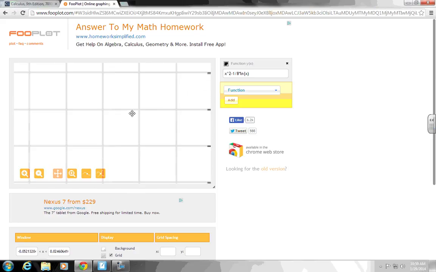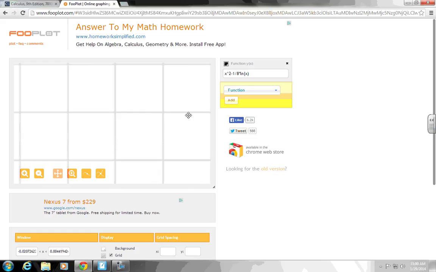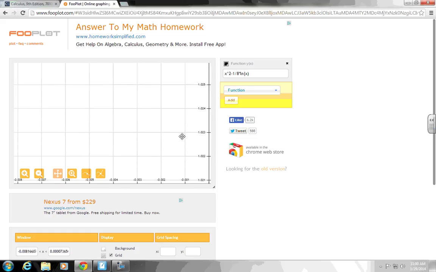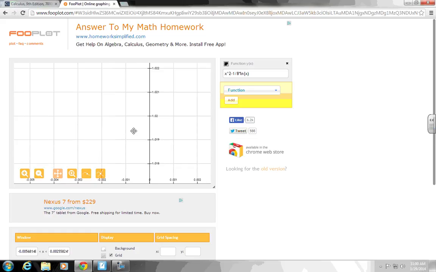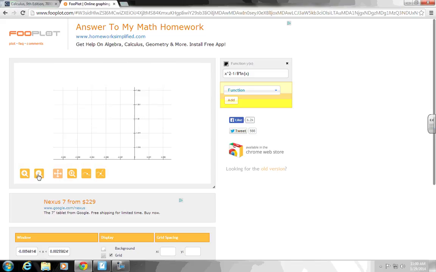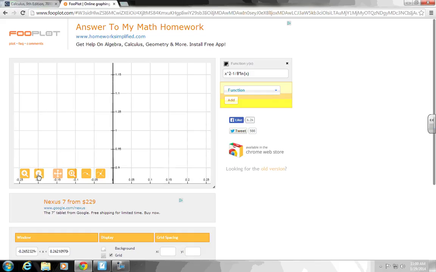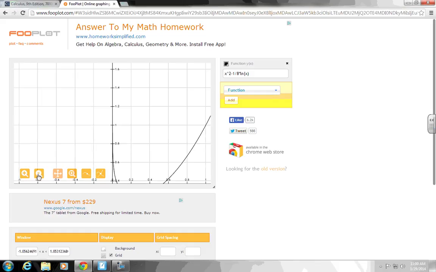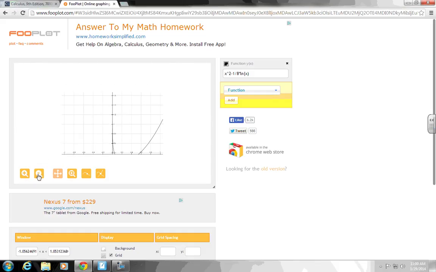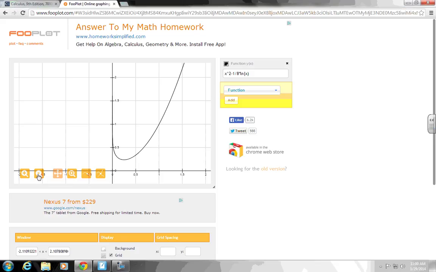No, it doesn't hit it, right? You won't touch it. It's not supposed to. 0 is not a part of that thing.